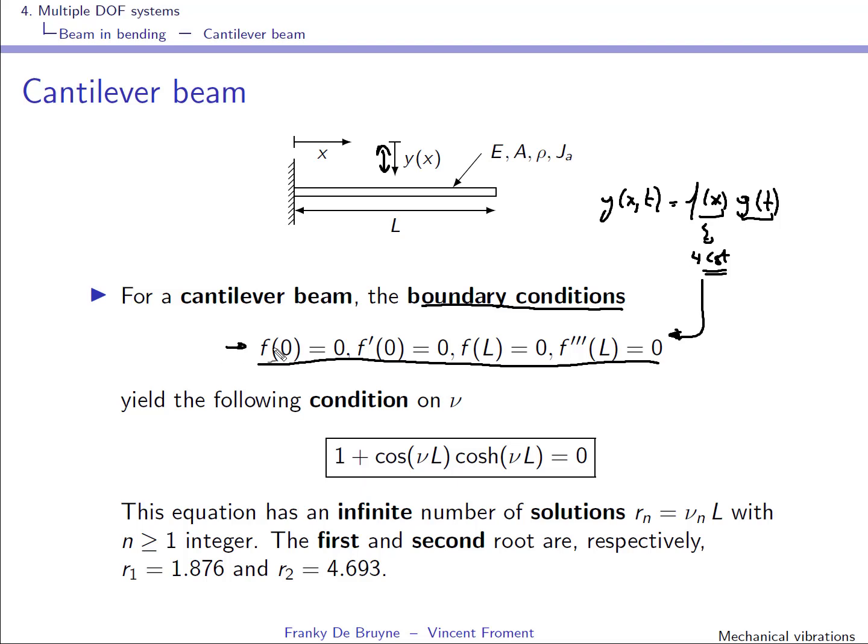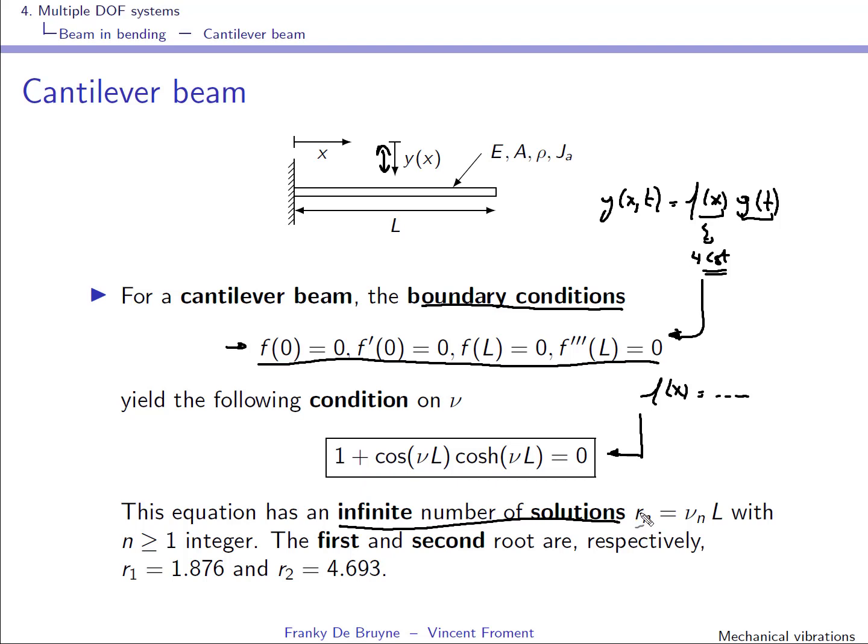If you plug them into your expression of f of x, it was an expression with cosines, sines, and hyperbolic sines and cosines, you end up with a condition here which again yields an infinite number of roots, and we'll call each root R n.